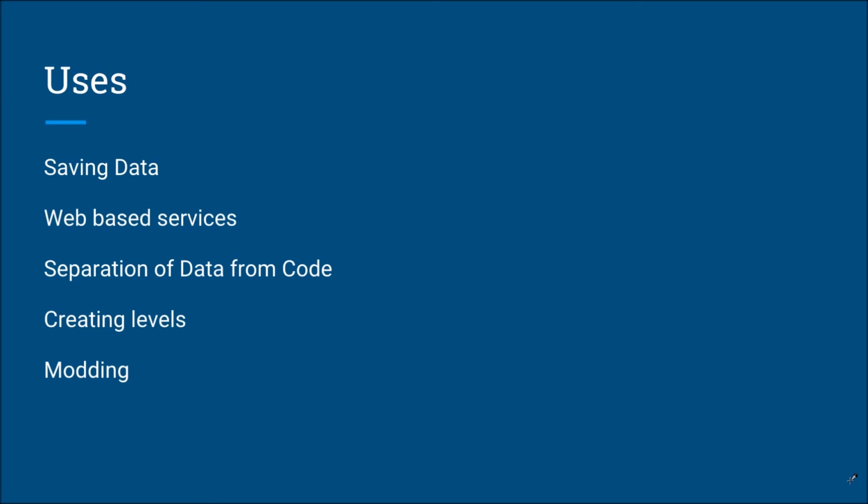And the last use case of serialization is that if your data is separated from the code and your levels and your game entities can be described in a serialized form in a file, it is very easy for modders to make changes to your game. It is easy for them to modify values or even add their own entities to your existing game engine on which all your logic and all your code runs.